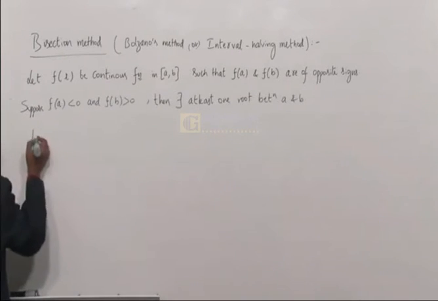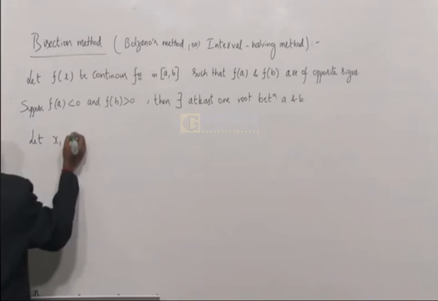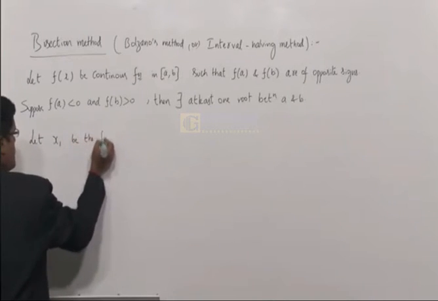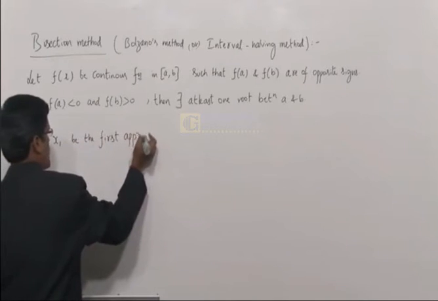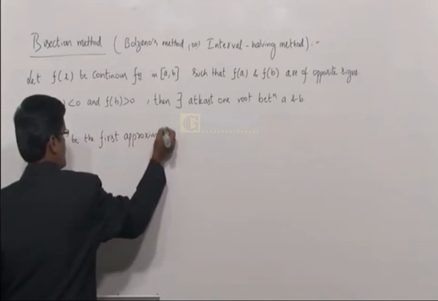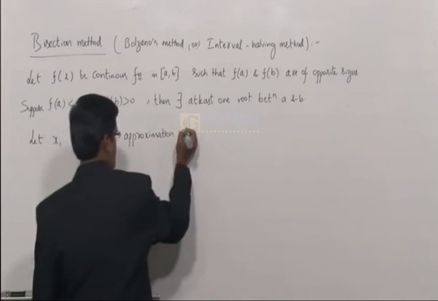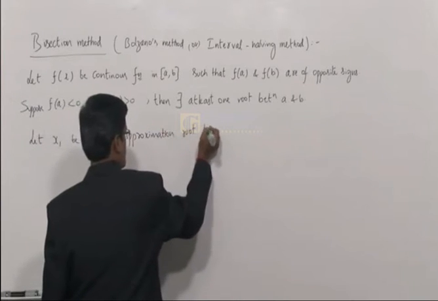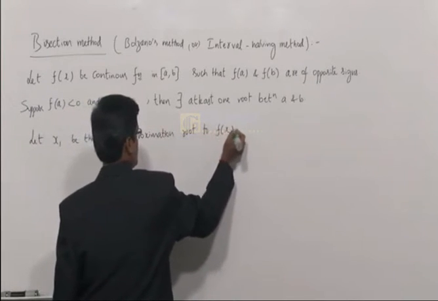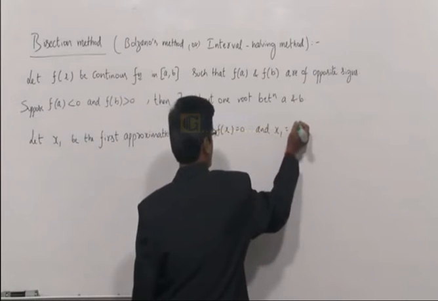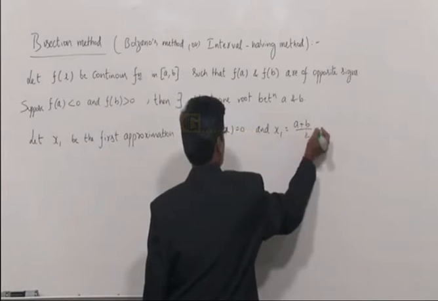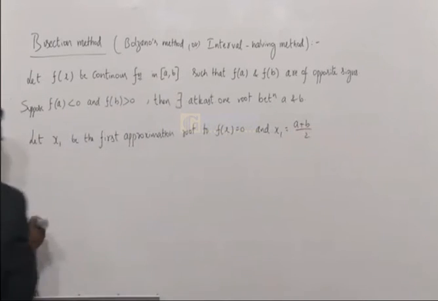Now I am giving the procedure. Let x1 be the first approximation root to f(x) is equal to 0, and x1 is equal to (a plus b) by 2.